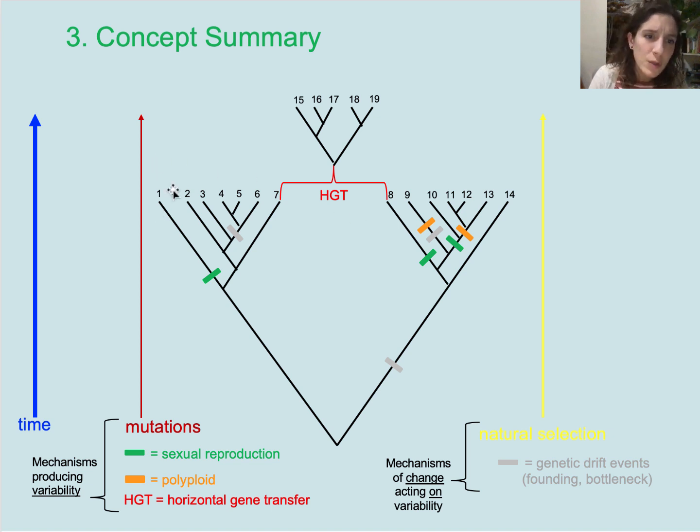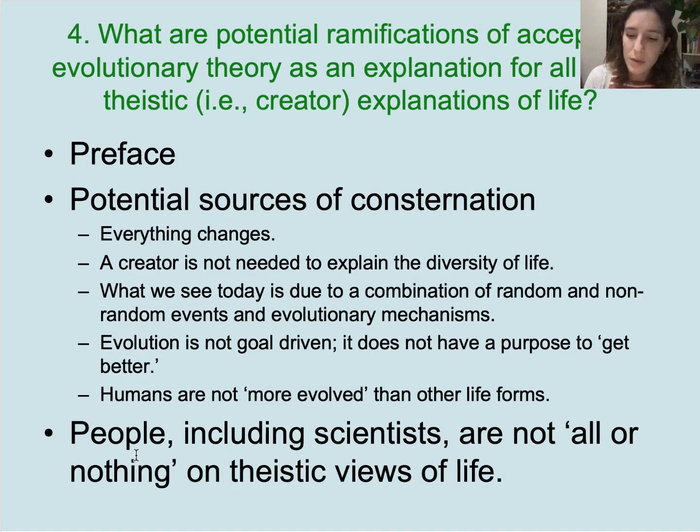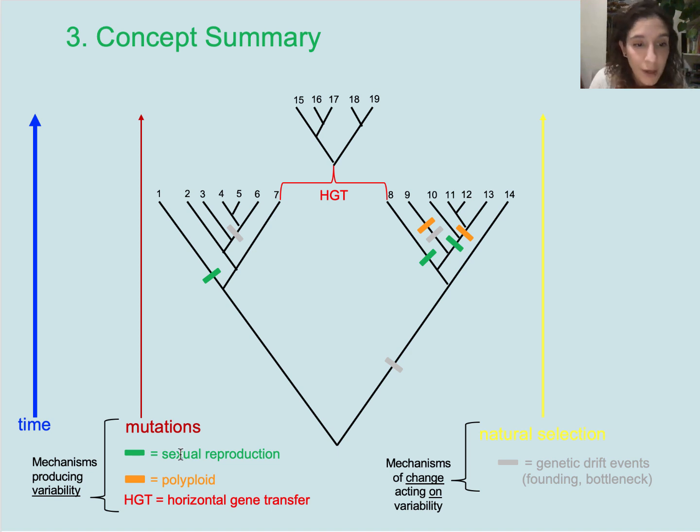So these organisms, 1 and 4 and 18 and 11, they're all different from one another because some of them have sexual reproduction, represented by these green hash marks. Others have polyploidy conditions in their genomes. And others don't have that.